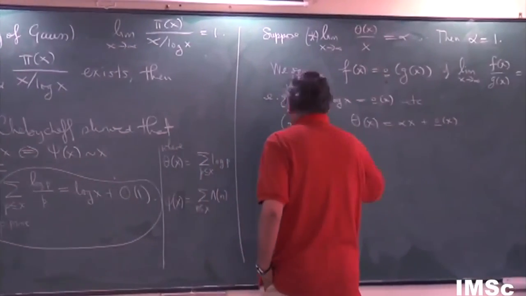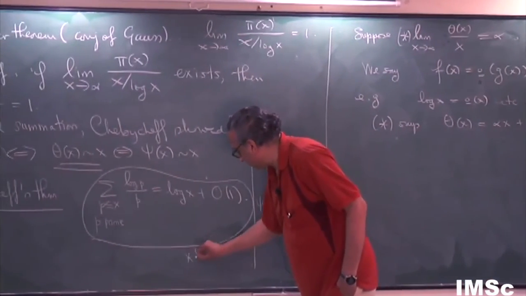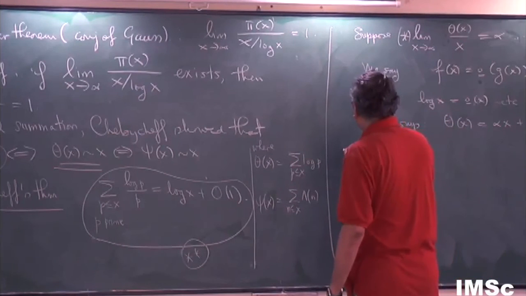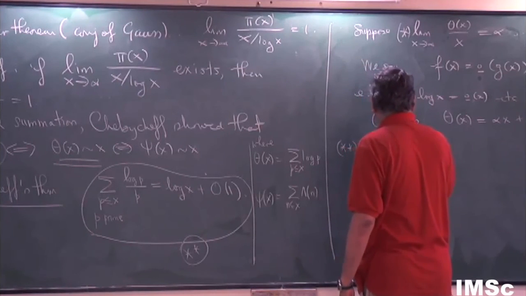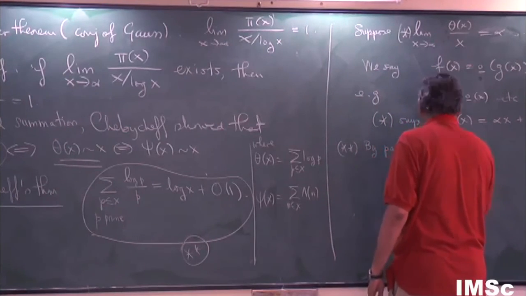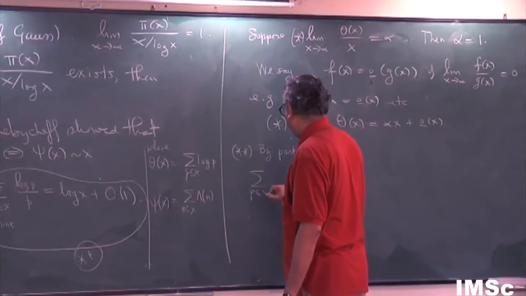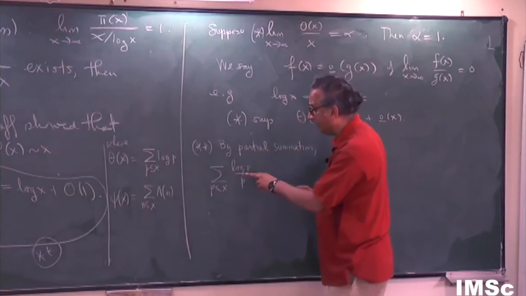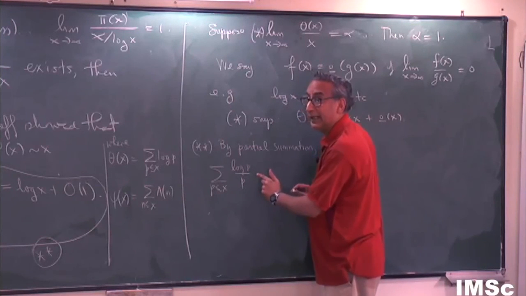Okay, we have this. Now let's look at this equation here. Let's call this double star. Let's look at that equation. By partial summation we can rewrite this, keeping in mind that I'm going to use my sequence to be log p and my function f of t to be 1 over t.